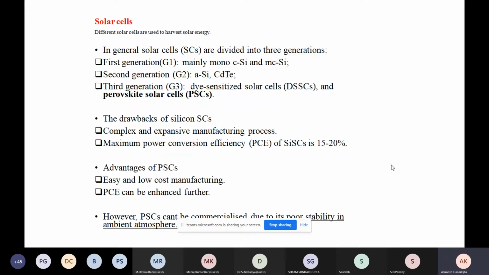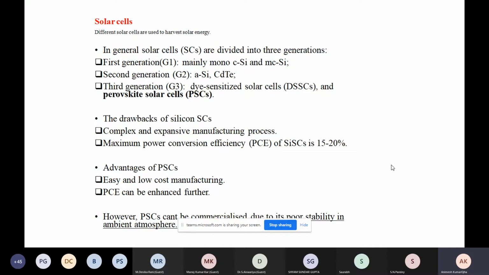In general, the first generation solar cell consists of silicon. The second generation solar cell consists of silicon and some semiconductor material like cadmium telluride. And the third generation solar cell is based on dye-sensitized solar cells and perovskite solar cells. So I will be focusing on these perovskite solar cells in my talk.